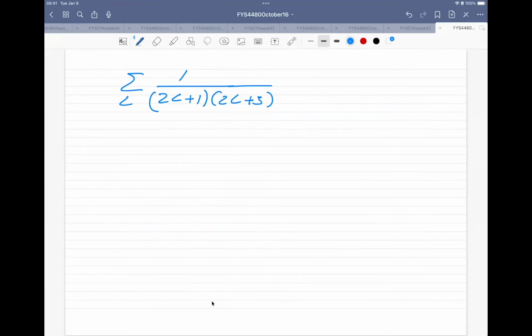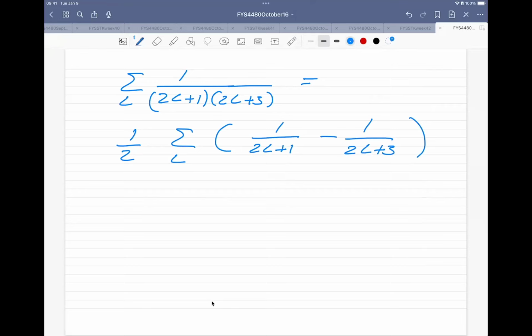If I write this out by changing the variables, I can write it as 1/2 times a sum over L of 1 over 2L plus 1 minus 1 over 2L plus 3. Okay? So you see that immediately if I just multiply up, I get a 2L plus 3 minus a 2L plus 1.